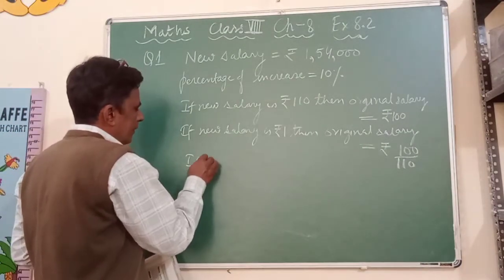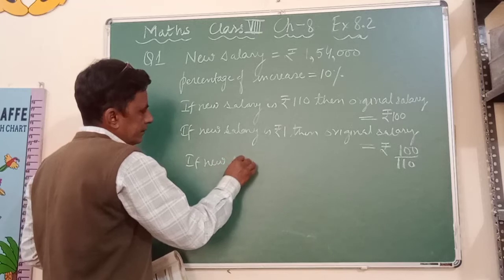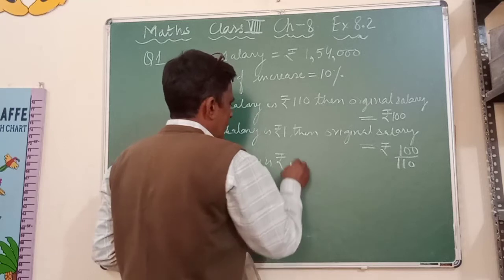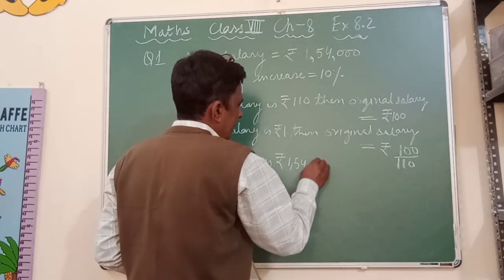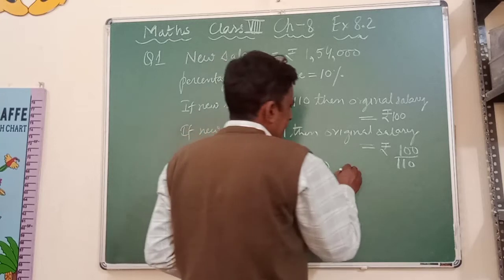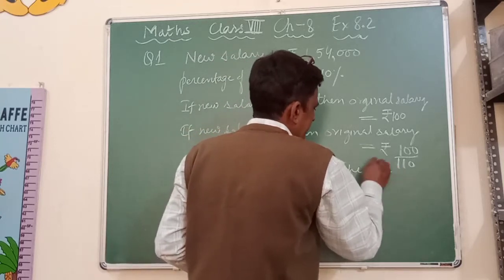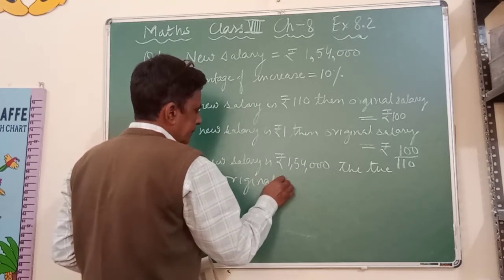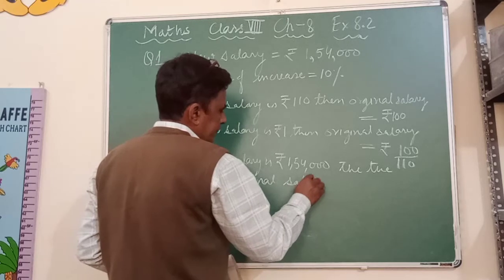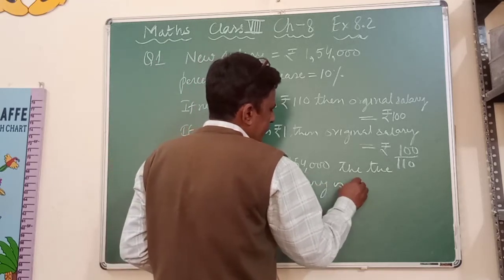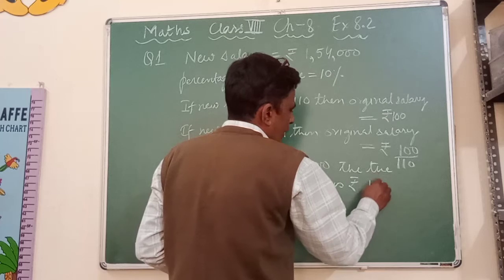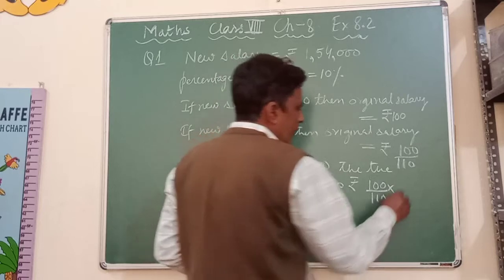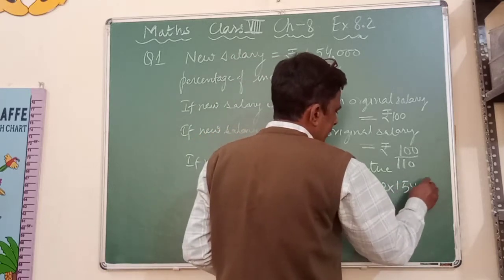If new salary is rupees 1,54,000, then the original salary is rupees 100 upon 110 into 1,54,000.